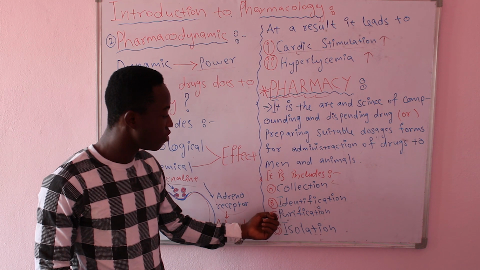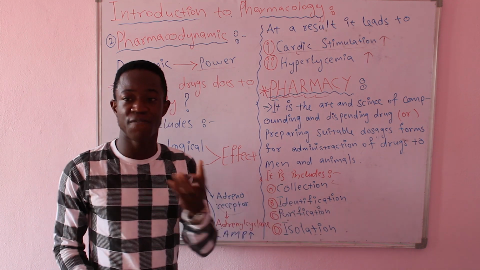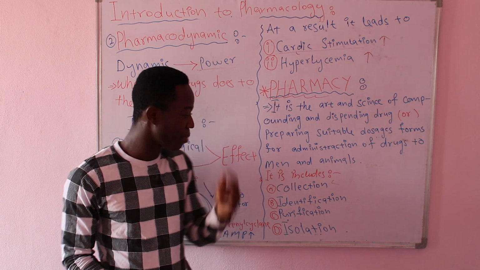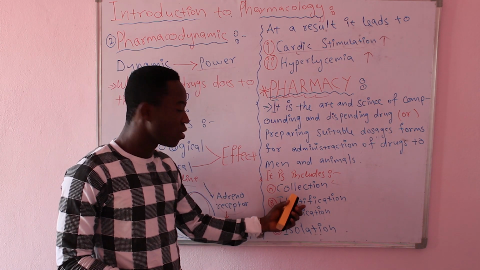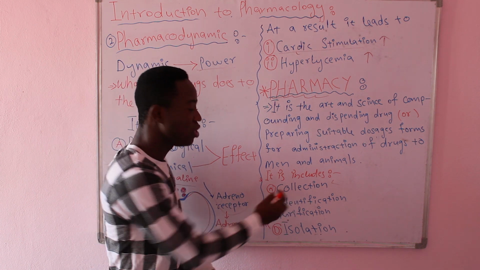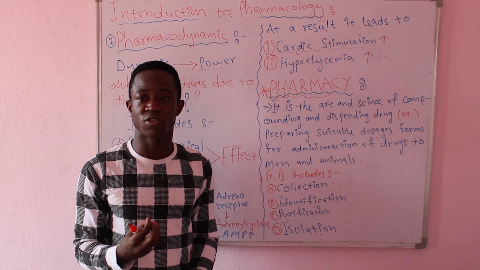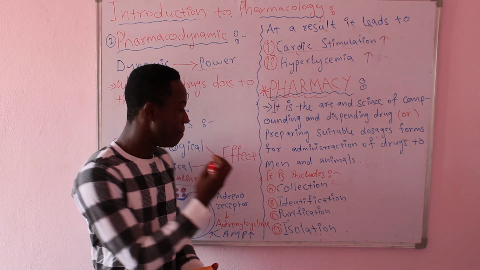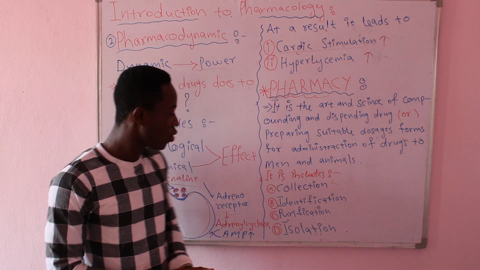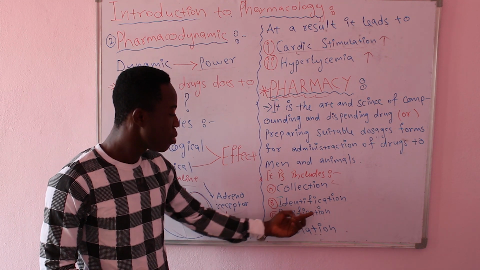After collection of the drugs, you have to go for the identification test. Under the identification test, drugs are identified based on their origin of collection, their species, their chemical reactions, and their chemical structure. So that's the identification test of the drugs.